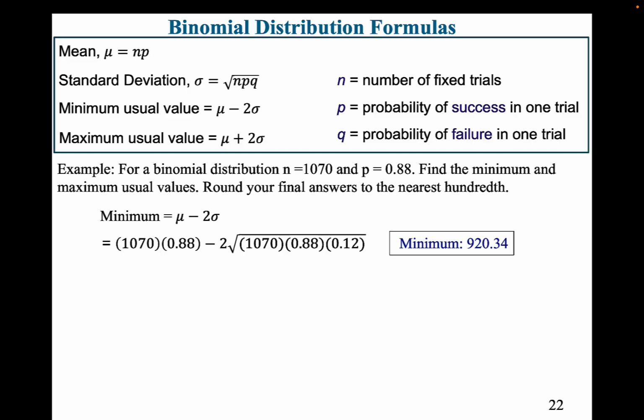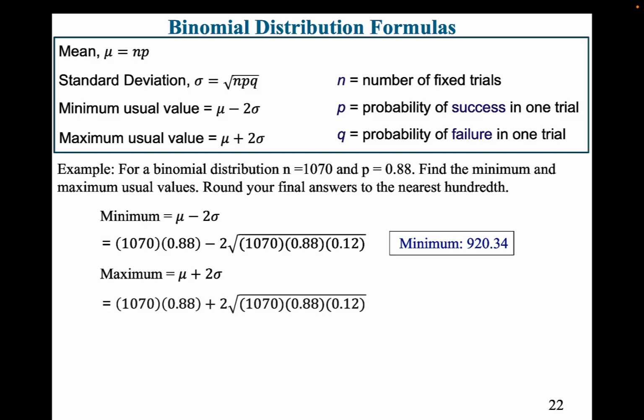We're going to do the same thing for the maximum. We're just going to input that into our calculator with a plus 2 standard deviations instead of minus. So this is what we need to type in. If we do so correctly and run it, we'll get a maximum usual value of 962.86.